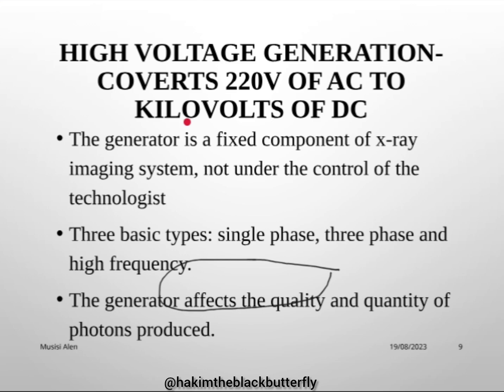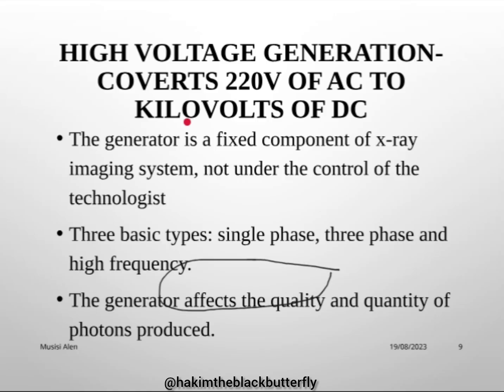This will be expounded on more in the subsequent lectures. But right now, know that whenever you feed these factors into the machine, they have effects on the X-ray being produced.